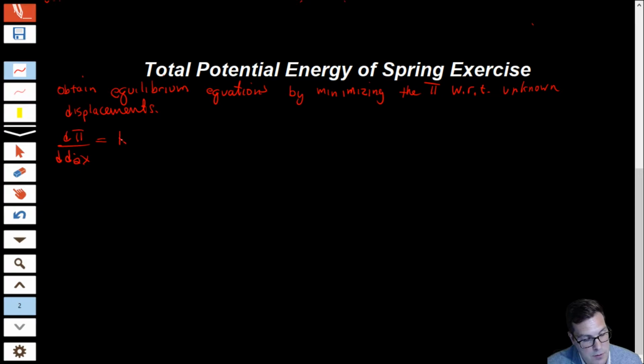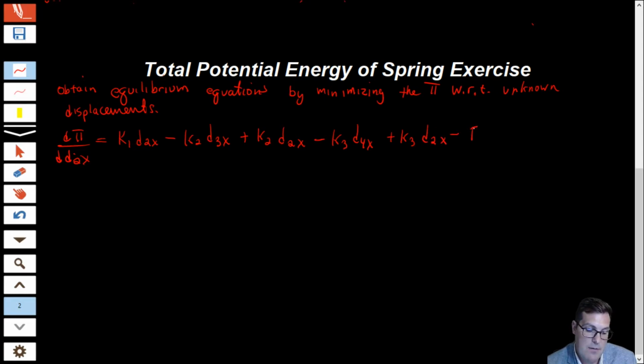If you take those derivatives, you get k1 d2x minus k2 d3x plus k2 d2x minus k3 d4x plus k3 d2x minus f. That's equal to 0. We set that equal to 0 here to minimize, right?